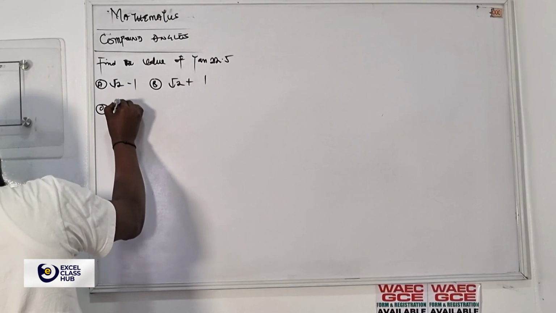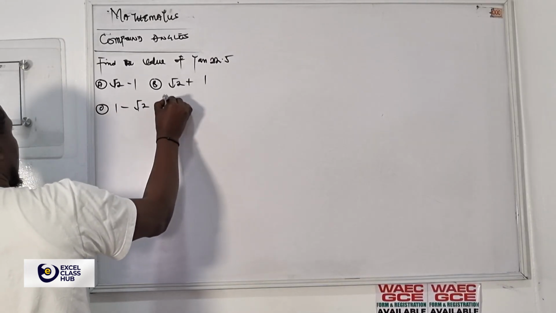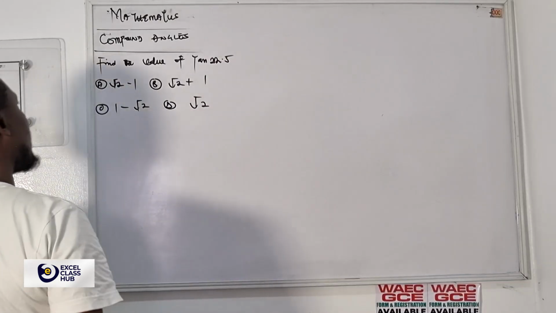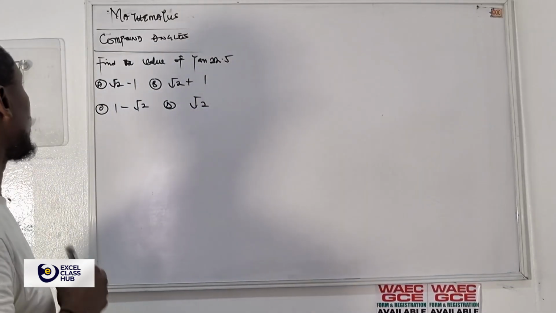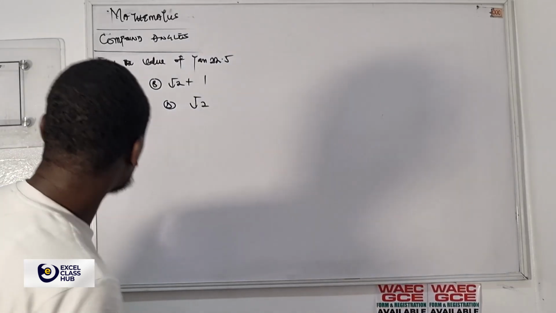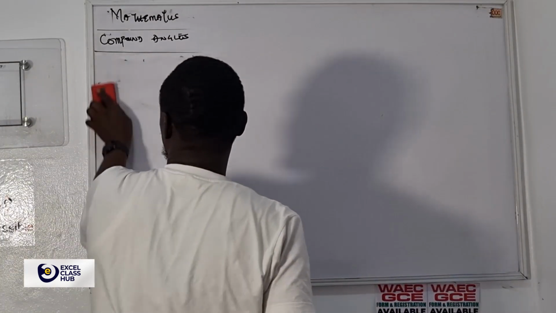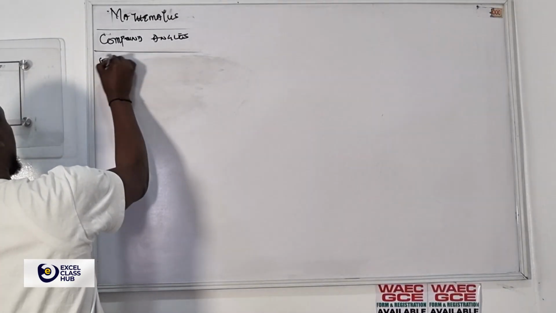C says 1 minus root 2. While D says root 2. The question says find the value of tan 22.5. Please, I want you to see the question very well. Find the value of tan 22.5. Question.